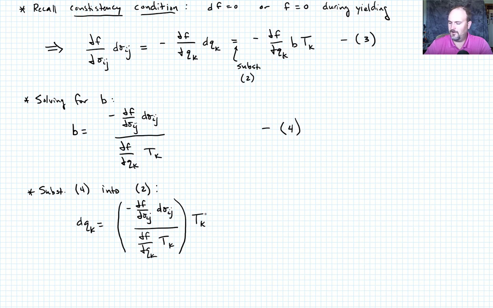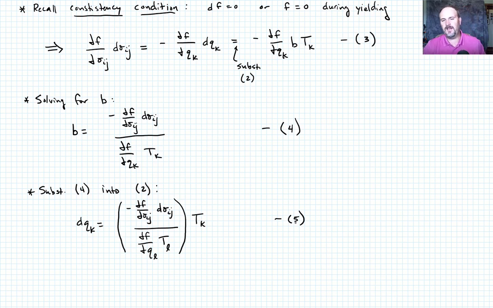I wrote it a little sloppily: since k is my repeated index down here, a dummy index, I'm going to change that to L so that our rules for index notation are followed, because we want this k to remain a free index. So we have a scalar in the numerator, a scalar in the denominator. This gives us a scalar overall multiplied times t k. We'll call that equation 5.